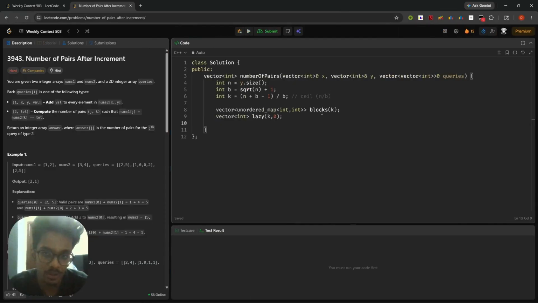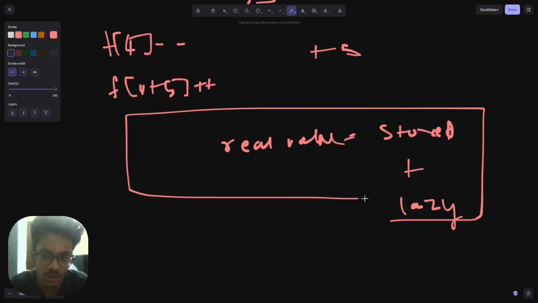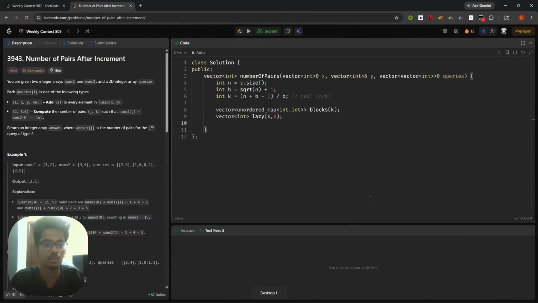Vector, unordered map, int, blocks. Stored value, whatever value that data structure is storing, plus the lazy value. This is how it would work. Real value is equal to stored value plus lazy value. So remember this.